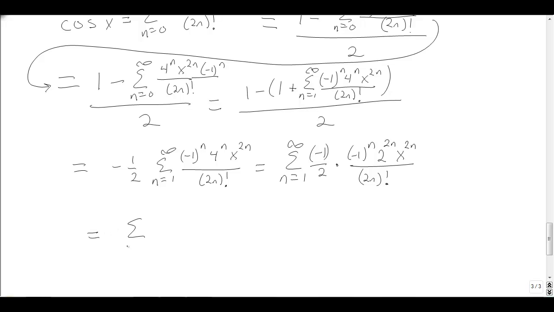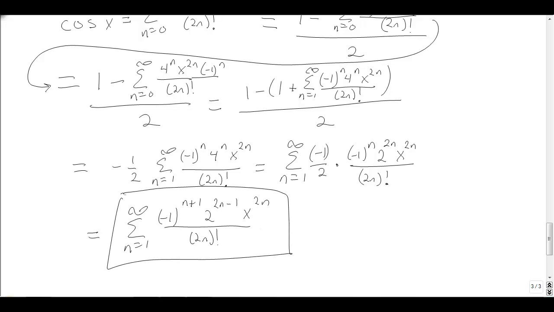And then when all is said and done here, n equals 1 to infinity, I have a negative 1 times negative 1 to the n. That's negative 1 to the n plus 1. 2 to the 2n, and I divide by 2. It's going to decrease that exponent by 1. It's 2 to the 2n minus 1. I have an x to the 2n, and then I have a 2n factorial on the bottom. So this was a Taylor series, again, for sine squared of x.